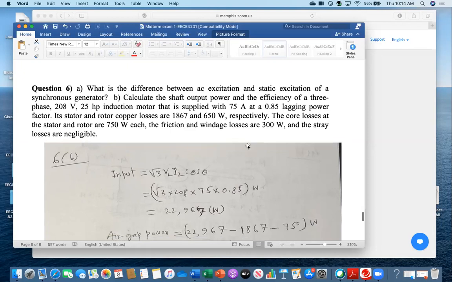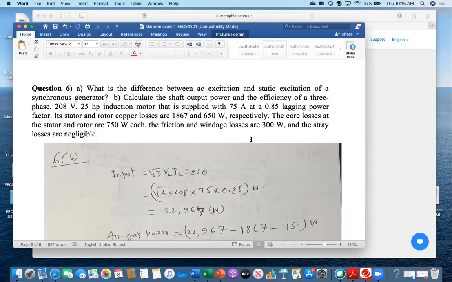Okay, now the problem: calculate the shaft output power and the efficiency of a 3-phase, 208 volt, 25 horsepower induction motor that is supplied with 75 ampere at a 0.85 lagging power factor. Its stator and rotor copper losses are 867 and 650 watt respectively. The core losses at the stator and rotor are 750 watt each.